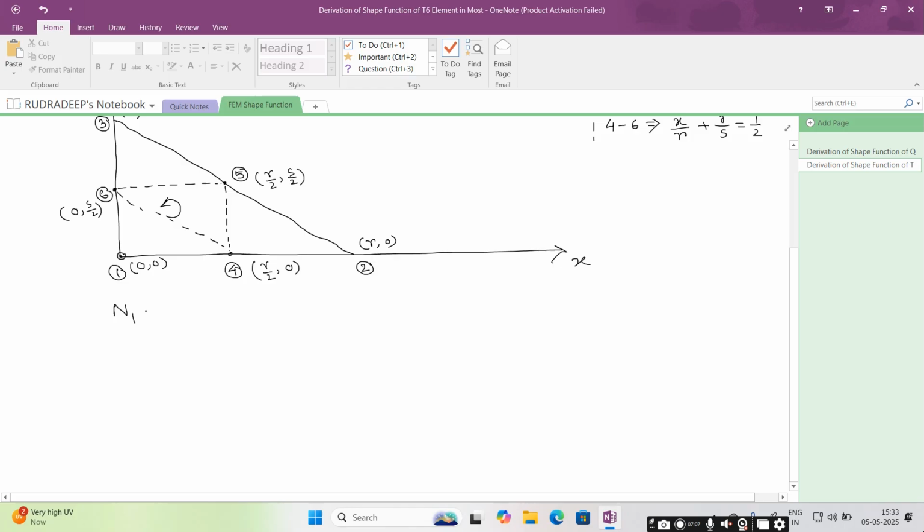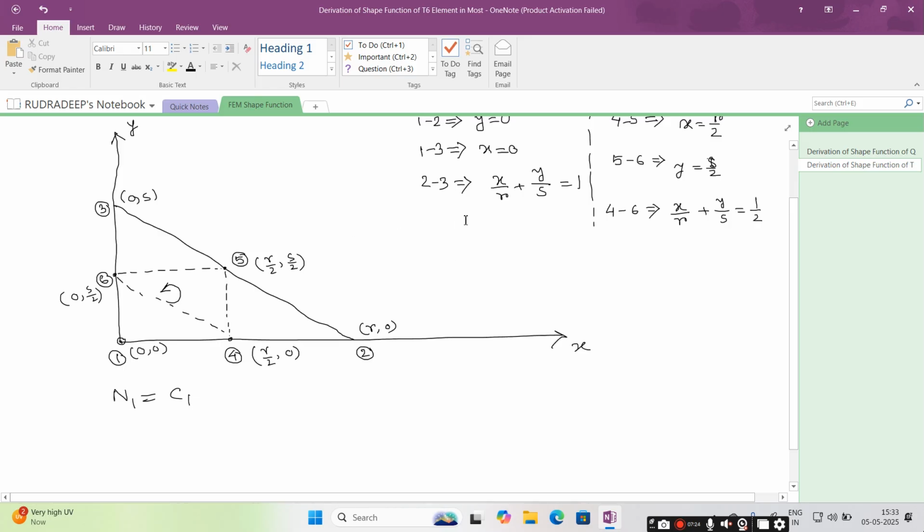Like previously for Q4, I write N1 equal to some constant c1 into the equations of these two lines, the equation of line 4 6 and the equation of line 2 3. One of those is x by r plus y by s minus 1, and the other one is x by r plus y by s minus half.